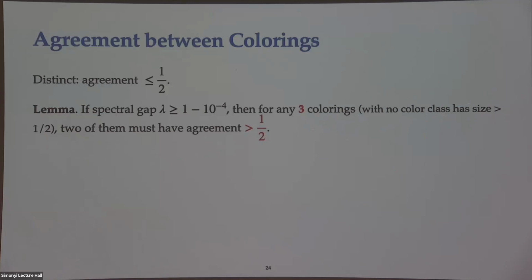We can find a large independent set. Suppose this is true, then two of them must have large agreement. In other words, there cannot be 3 distinct 3-colorings, where distinct is defined as agreement at most half.